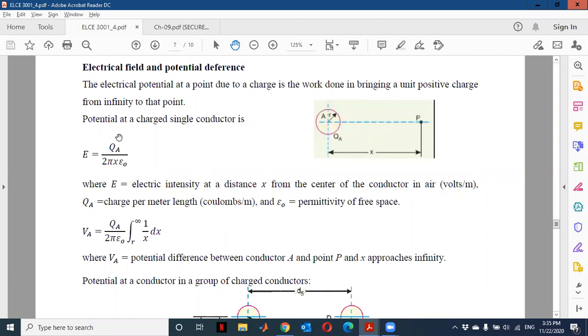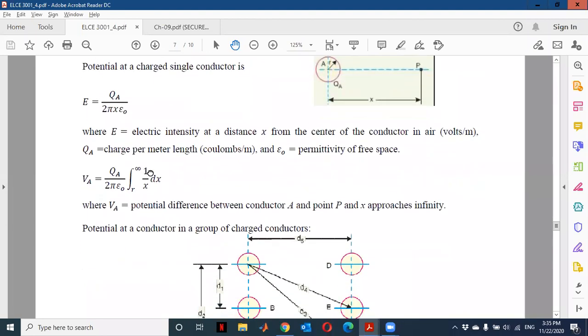QA here is the charge per meter length, and epsilon is the permittivity of free space, a constant. X is the distance from the center of the conductor to a point P.